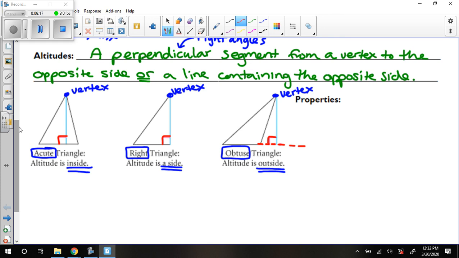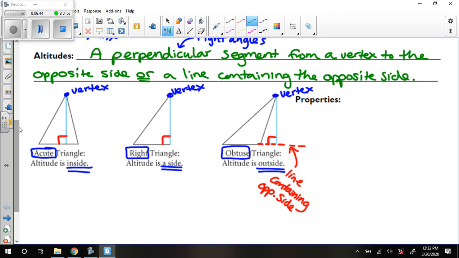So this is the line containing the opposite side. Okay, you had to extend the side so that you could hit it at a right angle. So yet again, that blue line is your altitude.